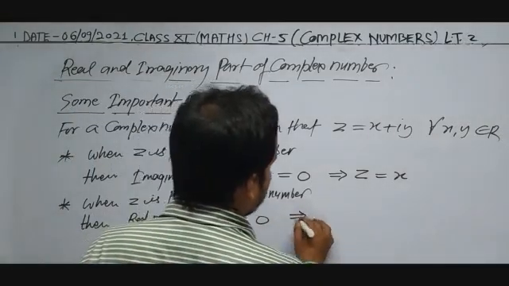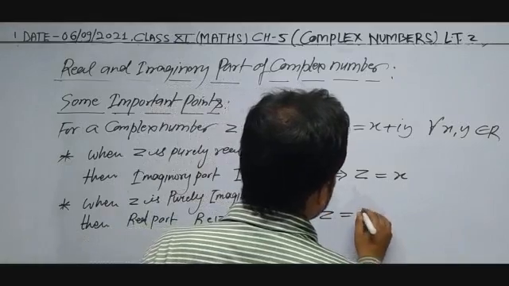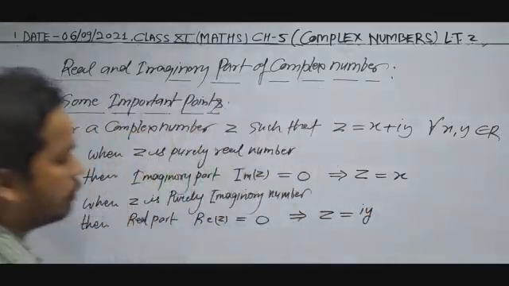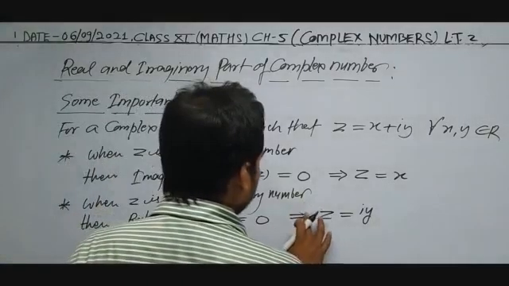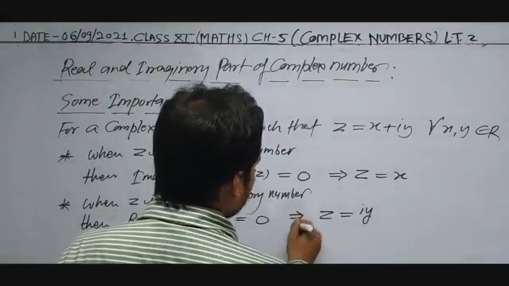Now we can write z is equal to iy. So this is the condition for purely real and purely imaginary.